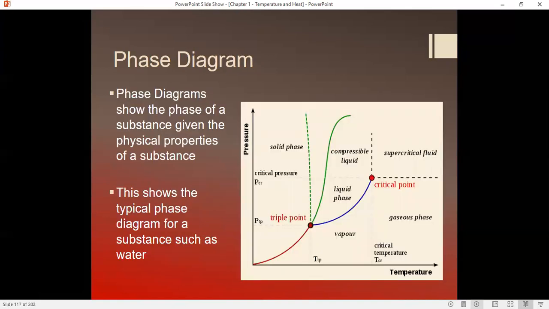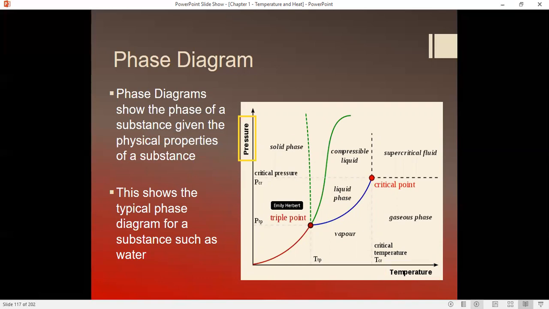Okay, this is a phase diagram, and this shows us typical phases that occur for a particular substance, and this is different for all substances. On this phase diagram, we have pressure in the vertical axis, we have temperature in the horizontal axis. And we can see that solids basically live right about here.